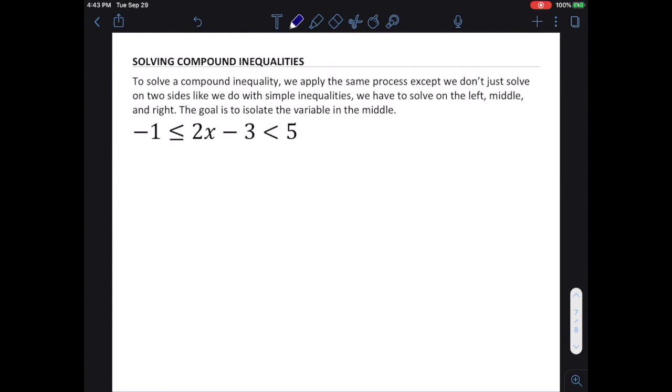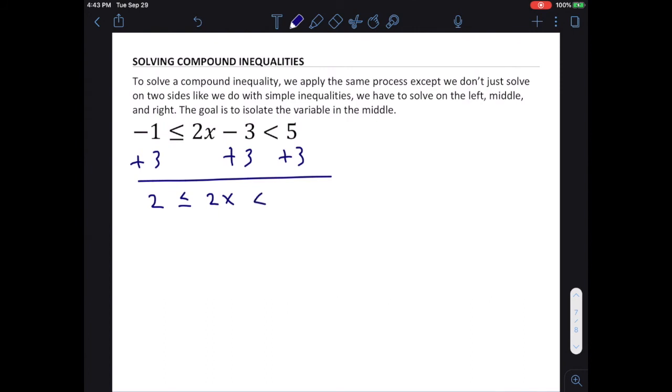All right, so if we look at this, the first thing we can do to isolate the variable in the middle is just add 3 to both sides. I said both sides. Actually, we are doing it on both sides because both sides and the middle. So we're going to put plus 3, plus 3, plus 3. So everything you do, you'll see it 3 times. All right, so when we add 3 to -1, we get positive 2. And then in the middle, we're just going to have 2x.